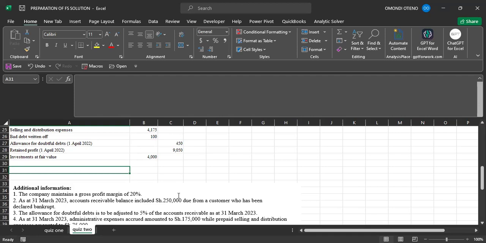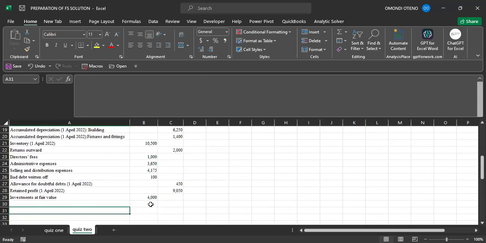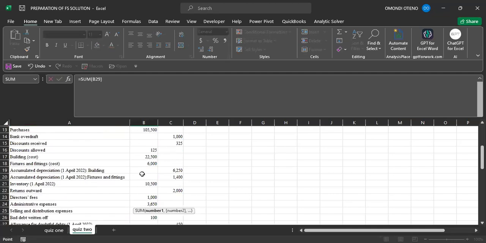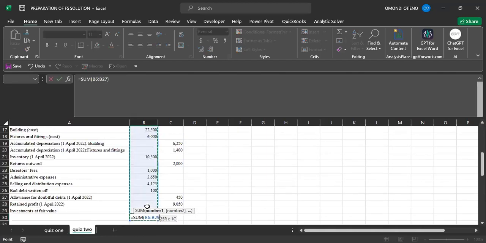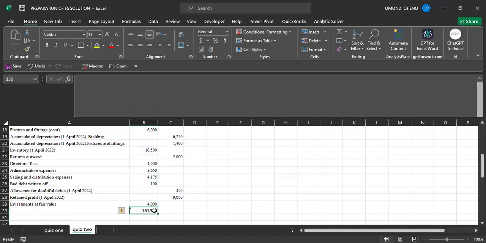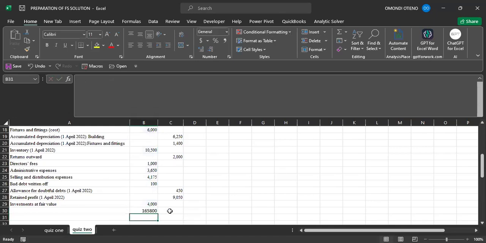Now let's do it together. Confirm whether the trial balance that has been given to you is actually balancing by comparing these totals. You compare the total here, and the total here.